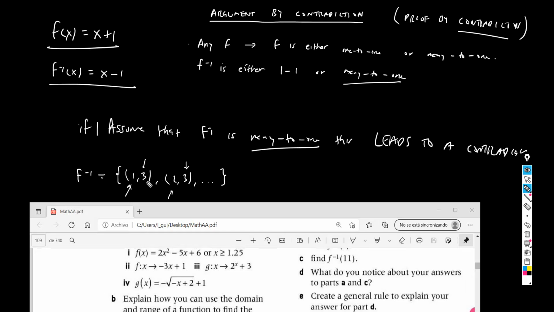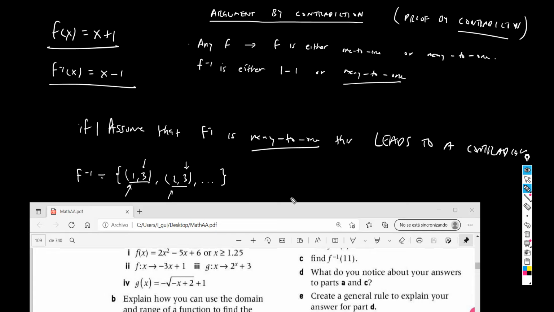And by the way, I'm not saying that these 2 pairs of coordinates in fact belong in this function. They don't. I'm just making things up. But if I assume that f inverse is many to 1, it's going to have 2 pairs for which different inputs lead to the same output. Okay, fine. And this is where the contradiction happens, guys.